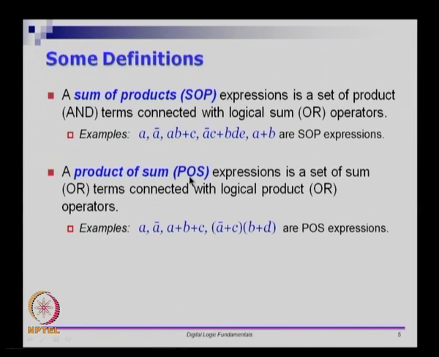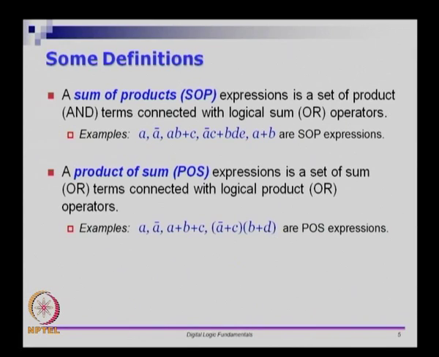Similarly, a product of sum expression is a set of sum terms or OR terms which are connected with logical AND operator. I am sorry, I said OR earlier, this must have been an AND, they are connected with logical AND operator. So, A bar, A plus B plus C, all these are valid product of sum terms. A plus B plus C is a valid sum term, it is not multiplied with anything, there is no product of it with anything else.